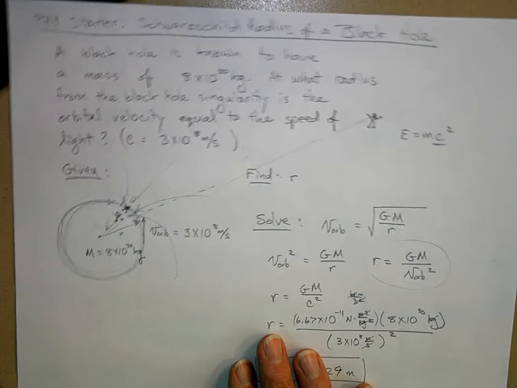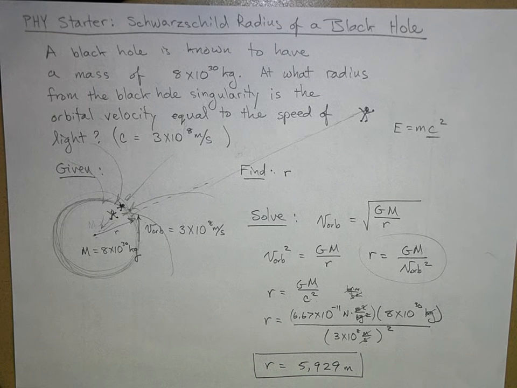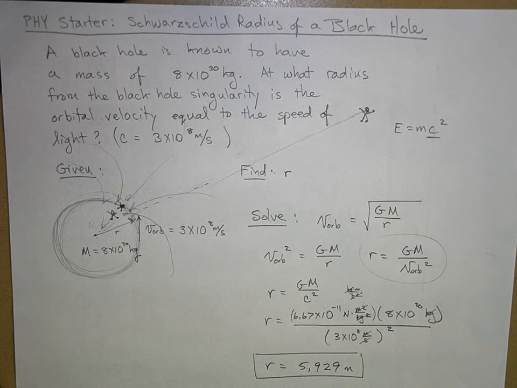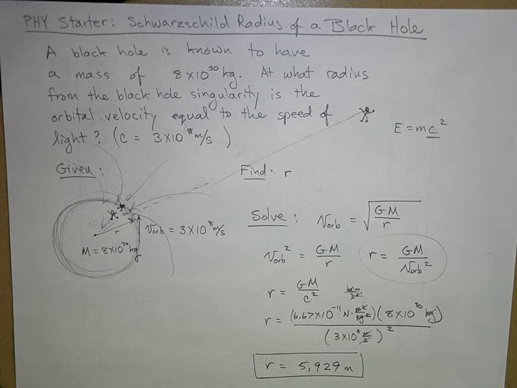The universe is incredibly strange when you deal with things that are either very, very small, like atoms and subatomic particles, or very, very fast, like with special relativity, where length and time change, or in incredibly intense gravitational fields, where space and time themselves are being distorted. It's really cool. But it doesn't make common sense. When you learn about this stuff, don't try to make common sense out of it.